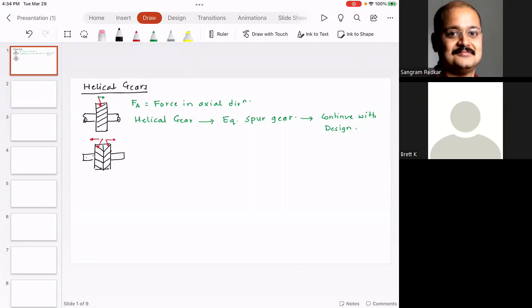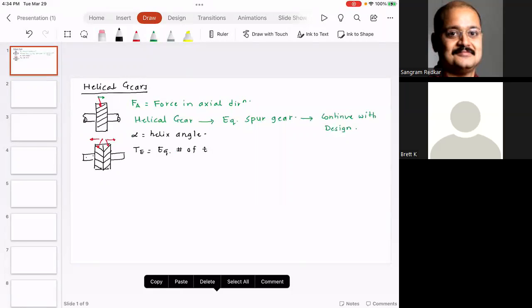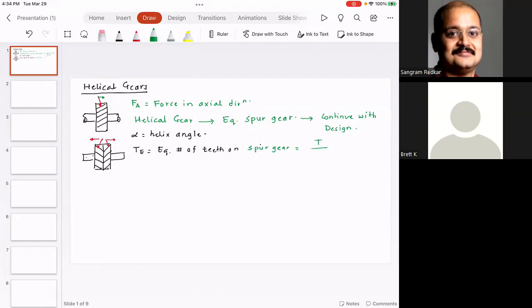So in helical gear, alpha is the helix angle. And TE is the equivalent number of teeth on helical gear, or sorry, on spur gear, which is equal to T divided by cosine cube alpha.